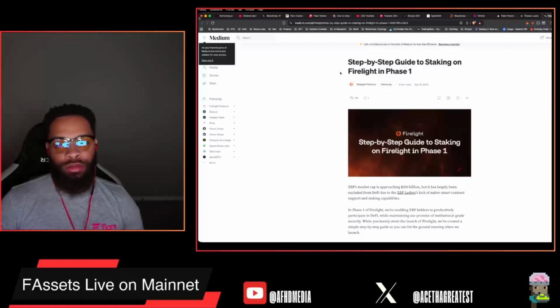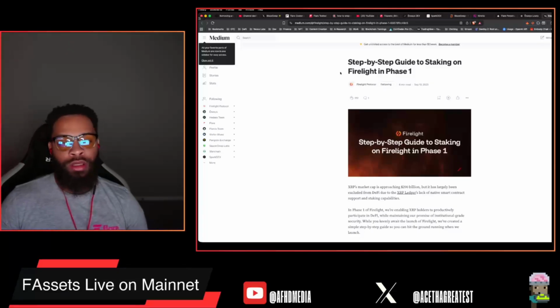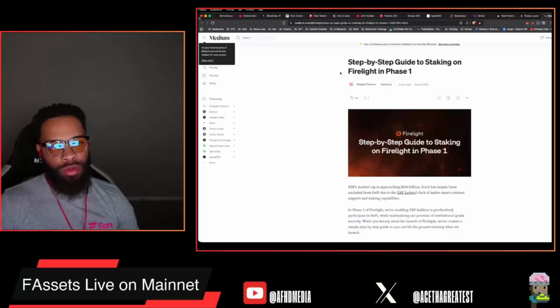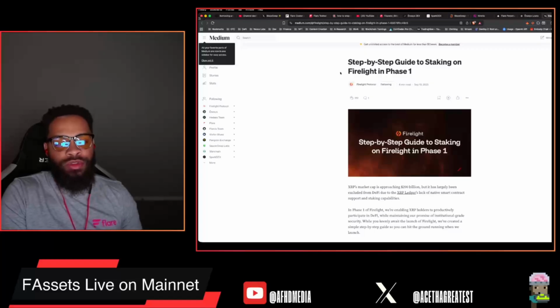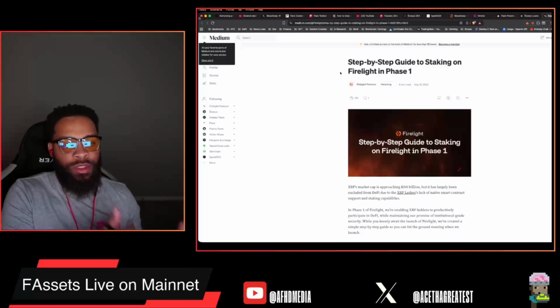They're literally calling this the missing DeFi primitive: insurance in case of a hack or anything that can potentially go wrong with whatever DeFi protocol that the ESS is securing. You are in turn paid for that service. You're earning a yield on the FXRP that you staked.